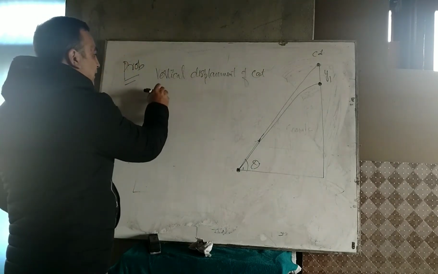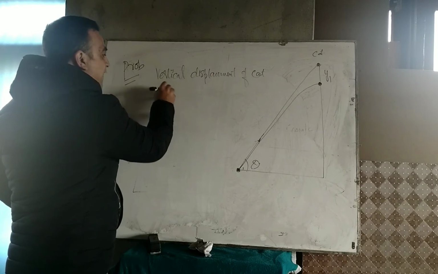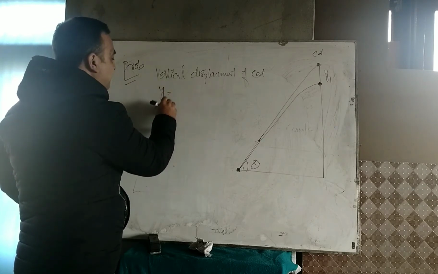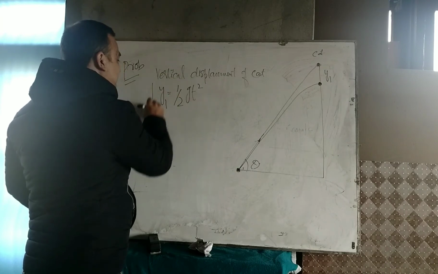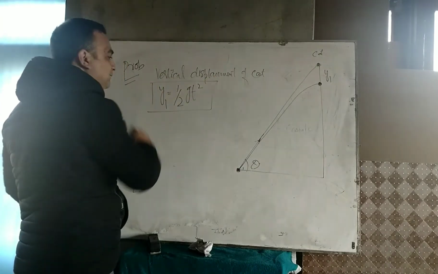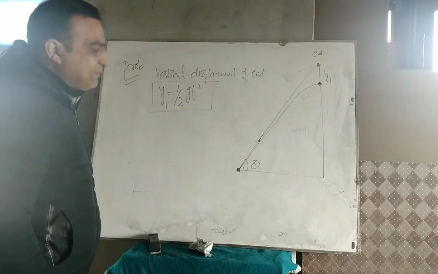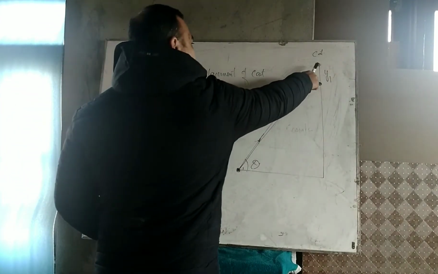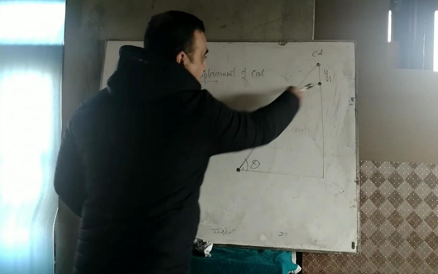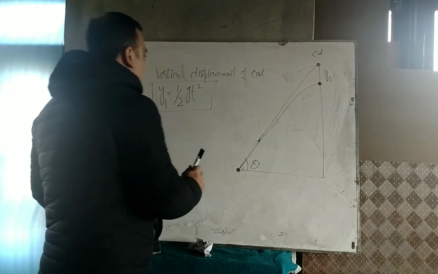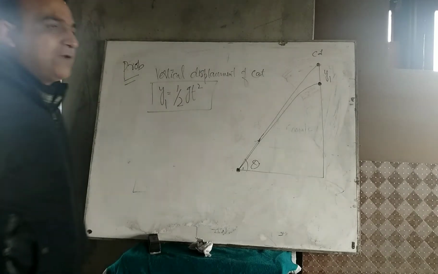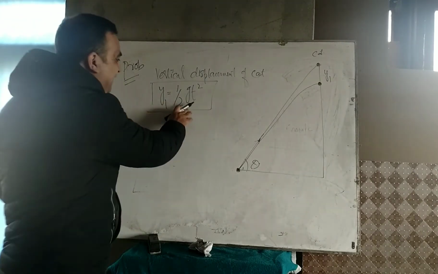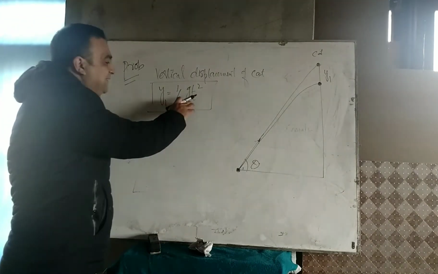So that will be y1, I have named that, which is 1/2 of gt square because it's a free fall. The cat must have fallen down for the time the bullet will remain in air. That height will be 1/2 of gt square, where all of you know g is acceleration due to gravity and t is the time.